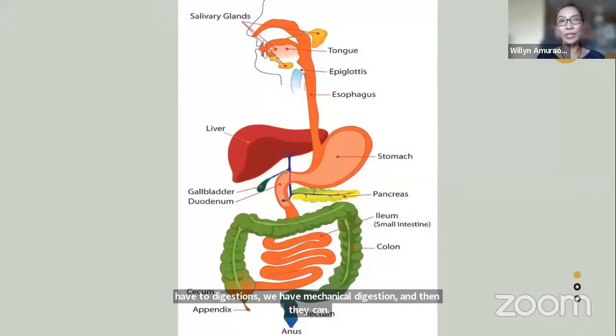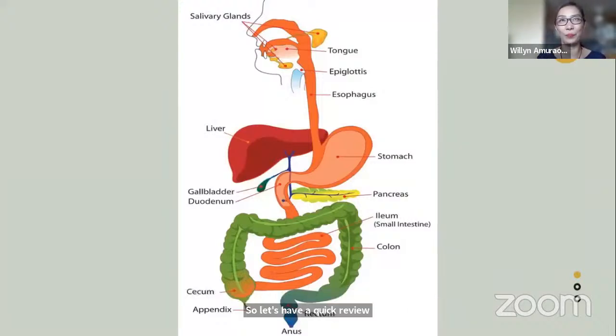So let's have a quick review of your digestive system, to understand what will happen in your gut. How are the nutrients absorbed? How is the food digested? Let us start with your mouth for the ingestion of food, passing through your esophagus, and then down to your stomach.